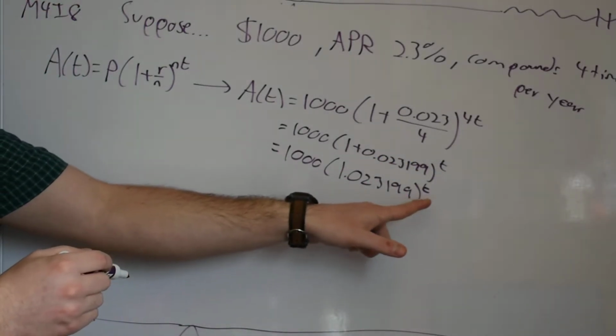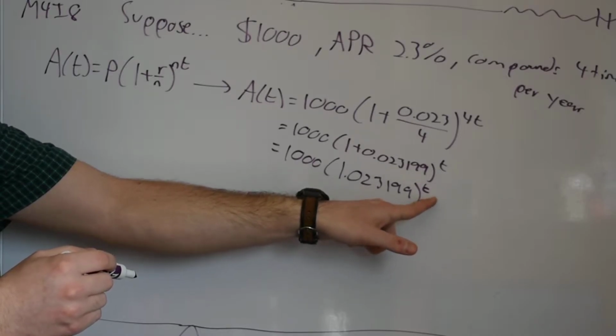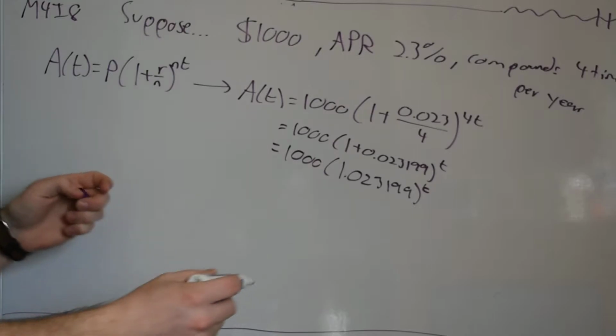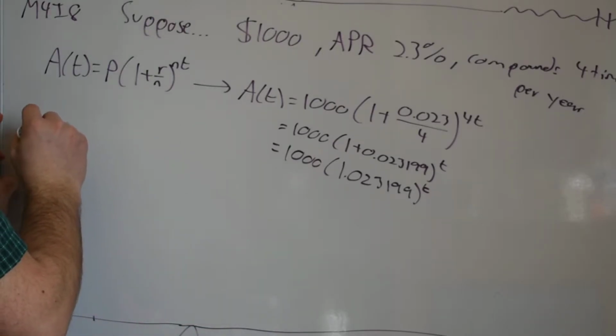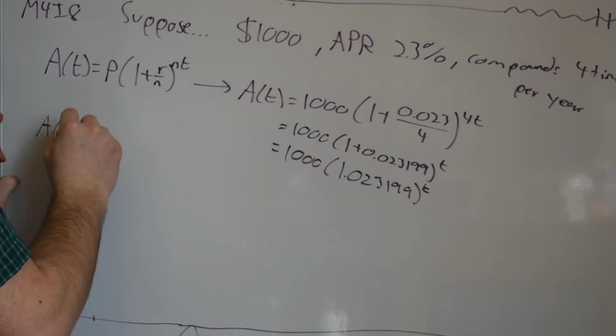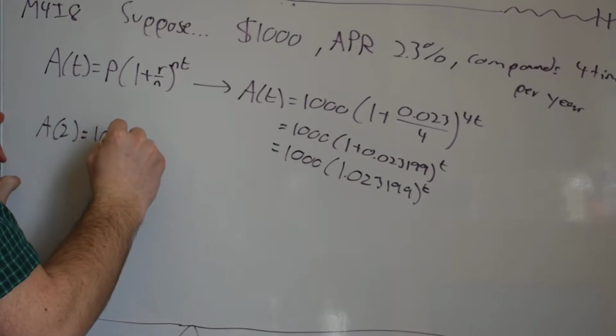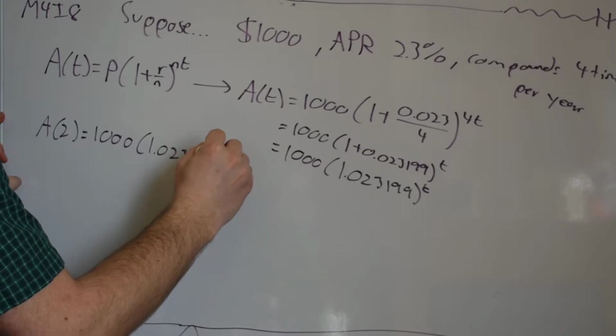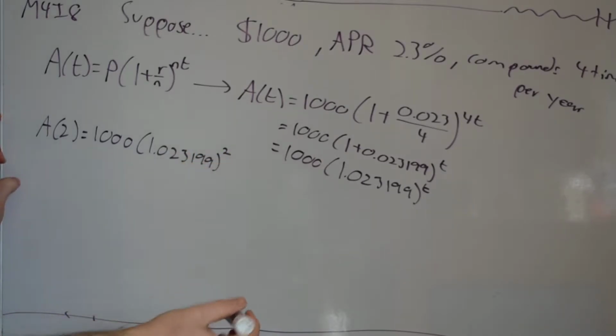Now, we can plug in a certain time t and find out however much we want. So, for example, if we plug in 2 for t, we can see how much money we'll have after 2 years.